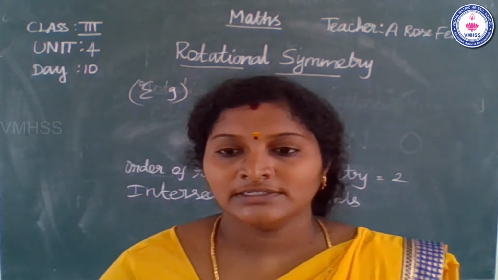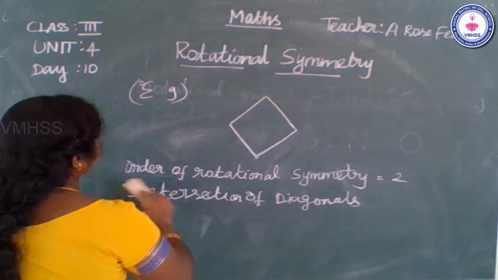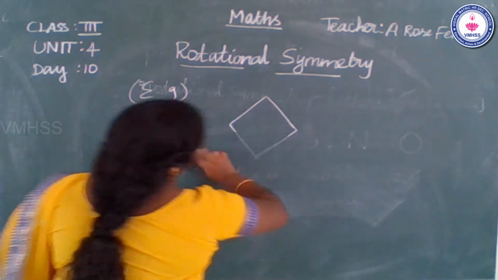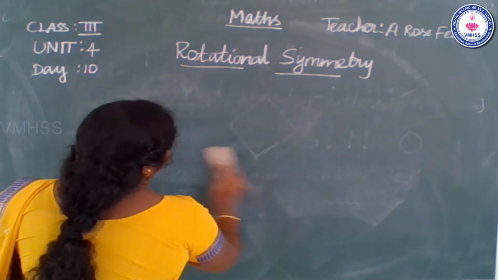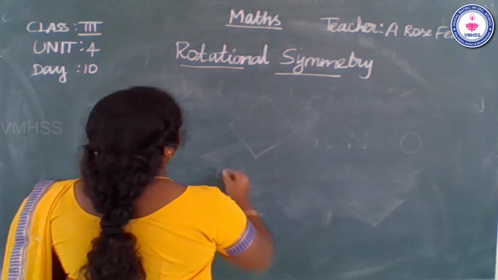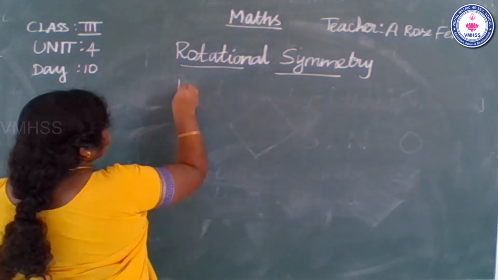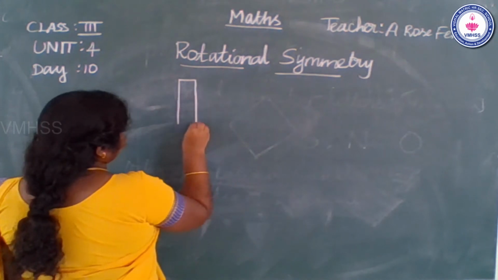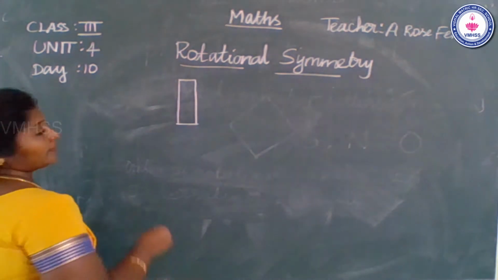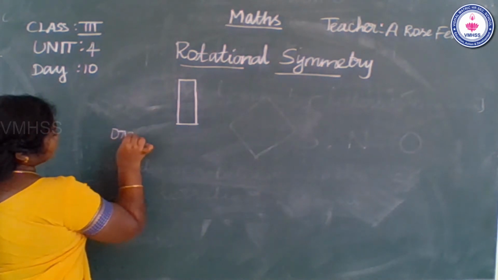Next example. I draw a vertical rectangle shape. This is the original shape.